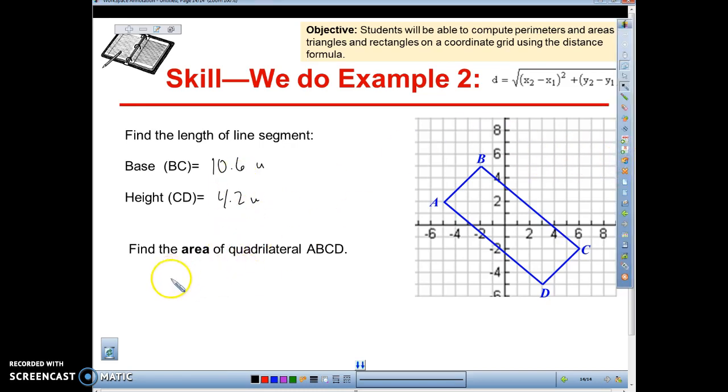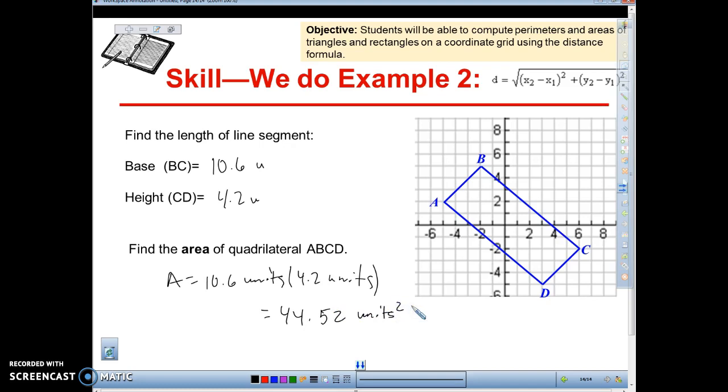Okay, and all we have to do is multiply them. Area equals length times width, or base times height for a rectangle. So that's 10.6 units times 4.2 units. And this gives us 44.52 units squared.